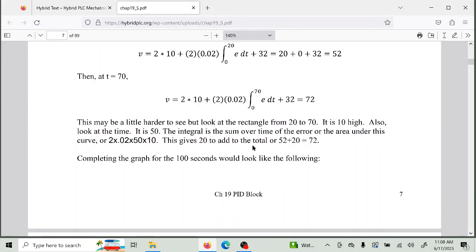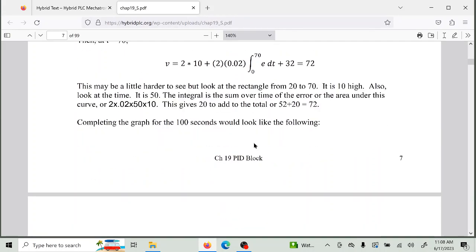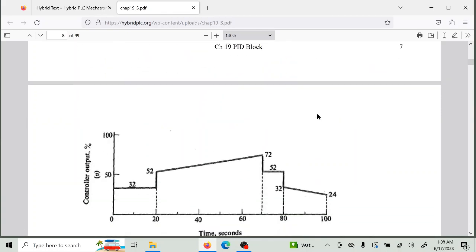So it's the P term times the 1 over T term times the amount of time times the actual error itself. That gives us 20, and that adds to the 52, which gives us 72. That shows us here, 52 to 72. And then at this point, it jumps back down and starts going back down.